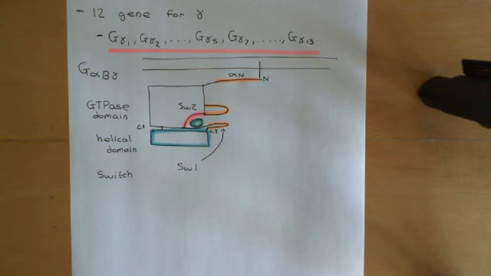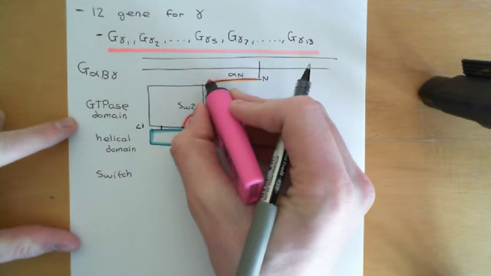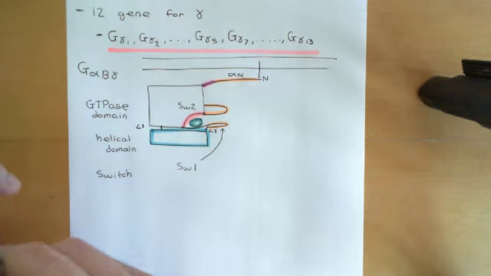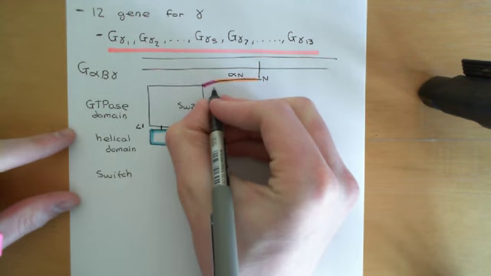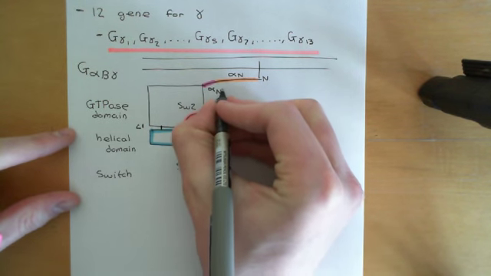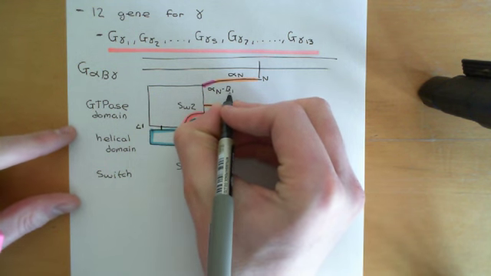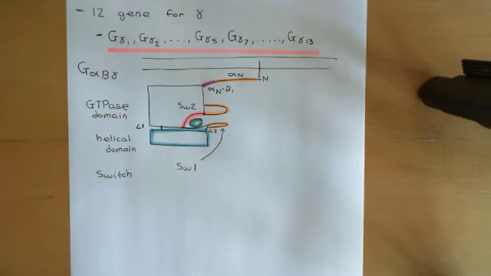The domains that I'm now going to colour in vivid purple are going to be the domains that are really important in binding to the G protein coupled receptor once it's in the activated state. So there is a little bit here after the alpha N helix, and this is known as the alpha N beta 1 linker, because it's between the alpha N helix and the beta 1 beta strand, and we'll see the beta 1 beta strand when we look at the entire structure of the alpha subunit.